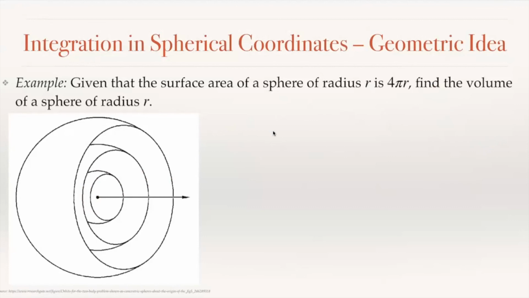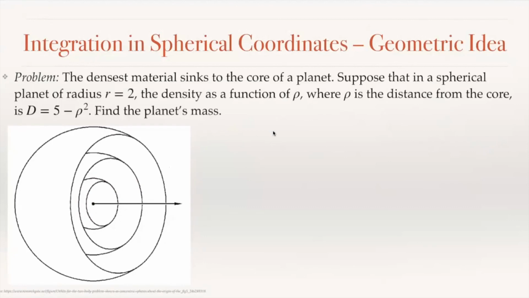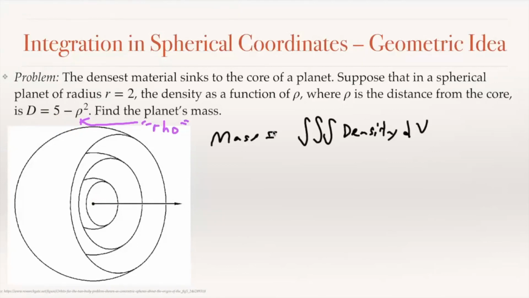Let's do an example. We typically use rho for the radius of one of the shells, and this is the density of some planet. And we want the total mass of the planet. We know that the mass, as always, is the triple integral of density, dV. And the way we can think about this is we'll find the mass of a shell.